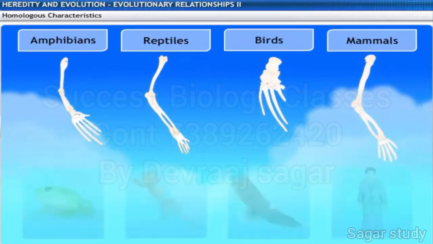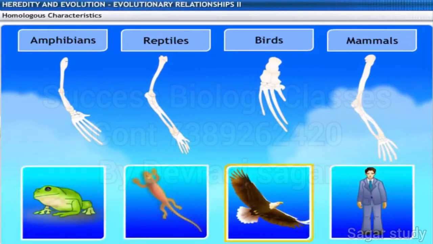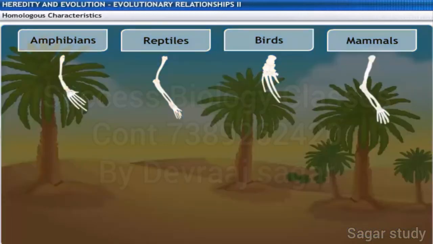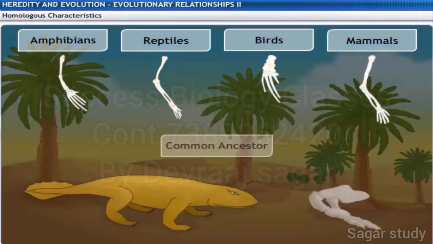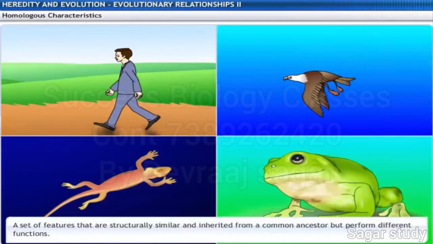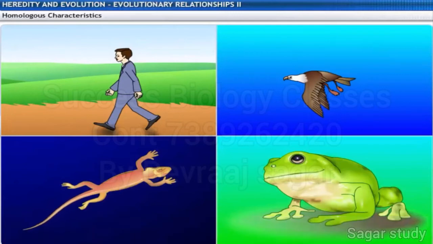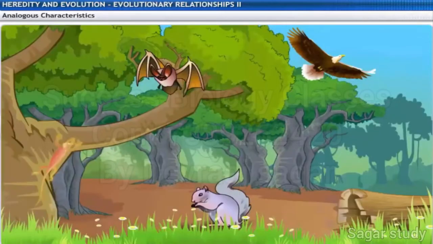For example, mammals, birds, reptiles and amphibians have 4 limbs with the same basic limb layout because they have inherited the limbs from a common ancestor. These limbs have been modified to perform different functions. However, all similarities between animals are not necessarily because of a common ancestry.